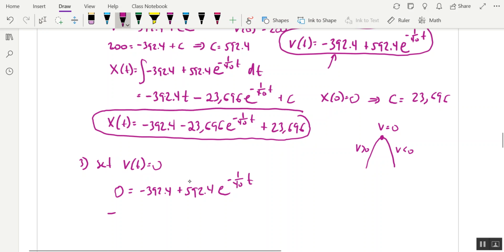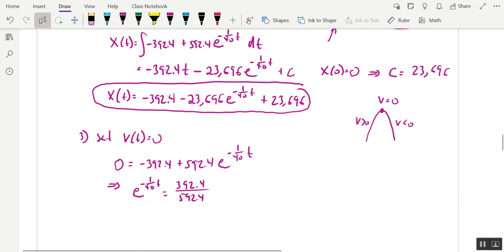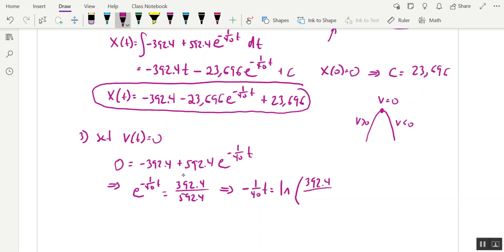So that gives me, add 392.4 to both sides and then divide by 592.4. E to the negative 1 over 40t is 392.4 over 592.4. Take the natural log of both sides. Negative 1 over 40t is ln of 392.4 over 592.4.